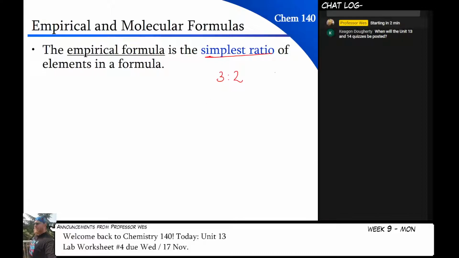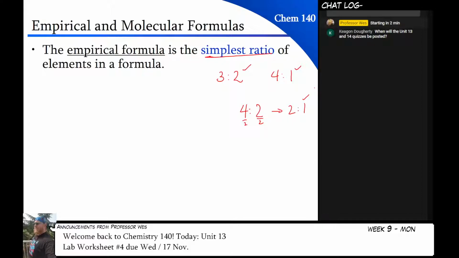So this would be simplest, this would be simplest, but this would not be, because I could divide both by 2 and get a simpler ratio, right? These are all the simplest possible ratios. 1 does not necessarily have to be in there. You just have to have divided out all the numbers that you can, kind of like lowest common denominator.